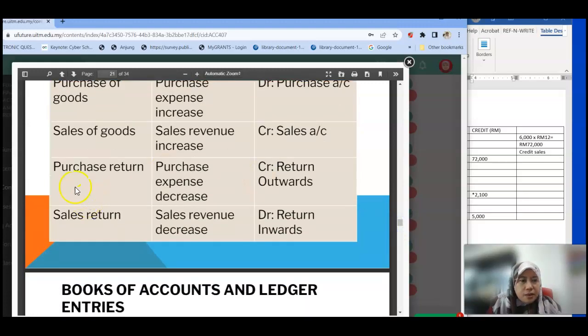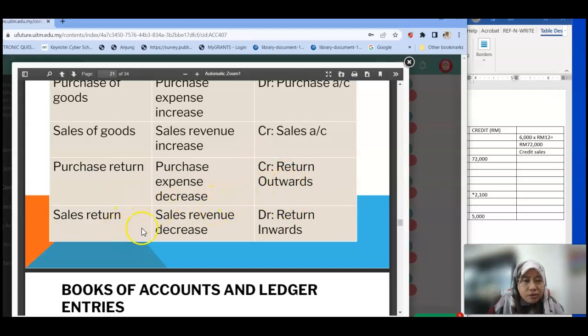Purchases return: when the business makes a purchase and then the business owner finds out that the goods are not in good condition, the business owner can return them to the supplier. This is considered return outwards or purchase return, so you will credit return outwards.